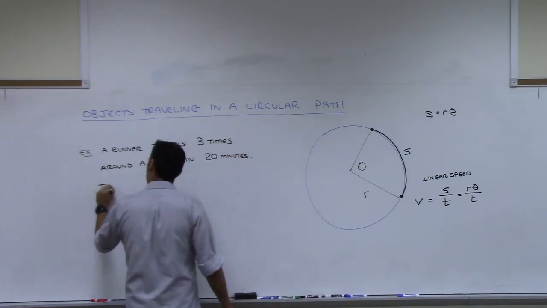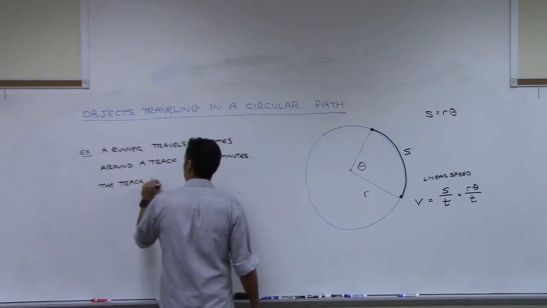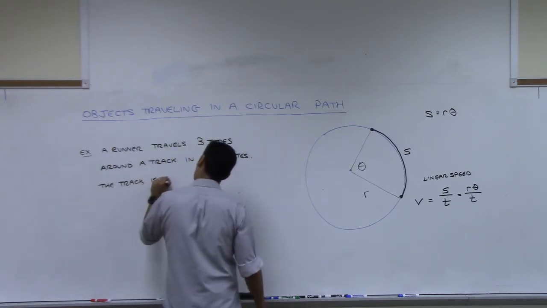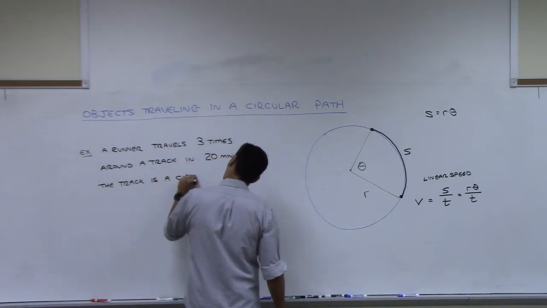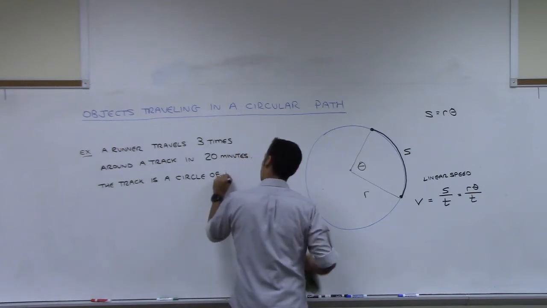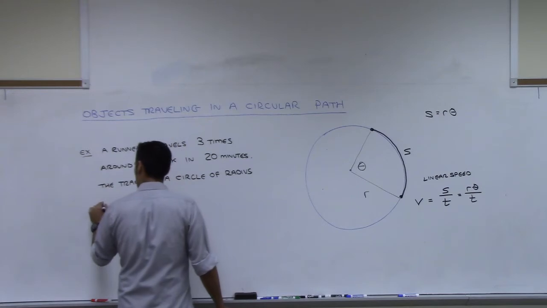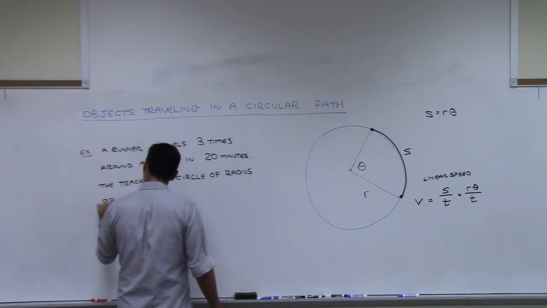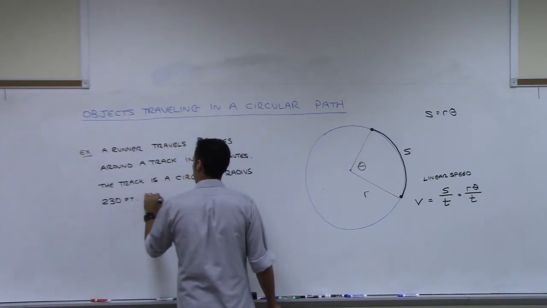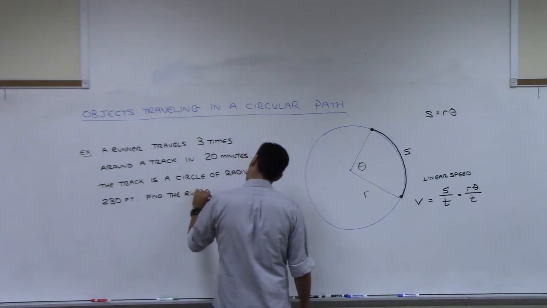The track is a circle of radius 230 feet. Find the runner's velocity.